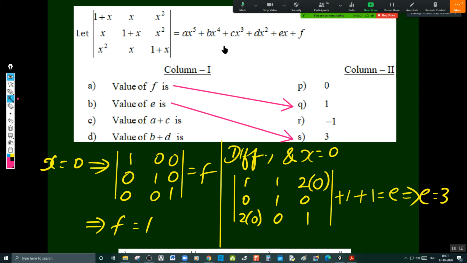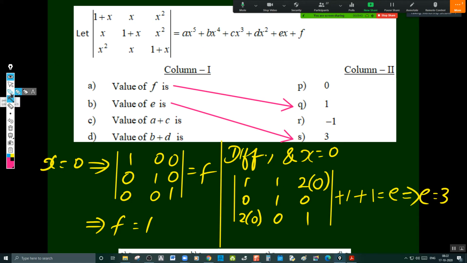If you differentiate 2 times, then you will get D. Put x equal to 1, you will get A plus B plus C plus D plus E plus F, and D, E, F we know. Then put x equal to minus 1, then you will get minus A plus B minus C plus D minus E plus F. Then add them. What happens?